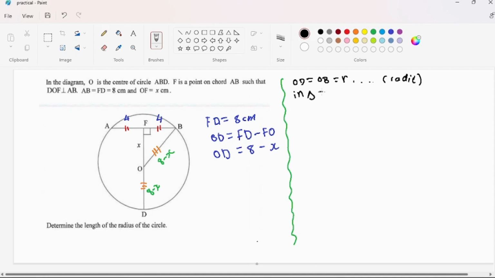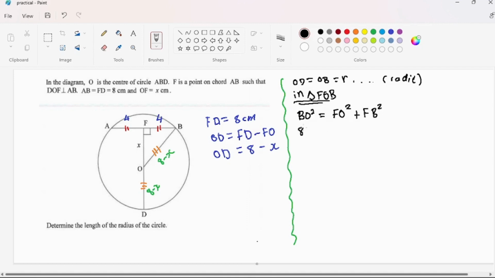In triangle FOB, we are telling the examiner that we are considering the triangle FOB and obviously use the Pythagoras theorem here. So we are going to say BO squared, which is our radius and also our hypotenuse, equals FO squared plus FB squared, right?